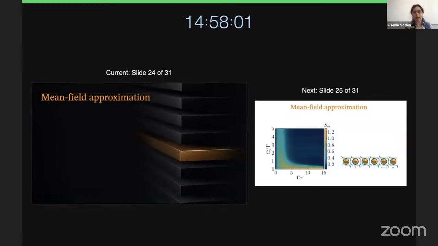And I believe I have a few minutes still, okay, I think it's perfect. That's just the last cherry on top of this work: the mean field approximation. We had this sophisticated tensor network matrix product method, but can we do something simpler, for example for experimentalists, to calculate things easily and fast, even faster than what we do?